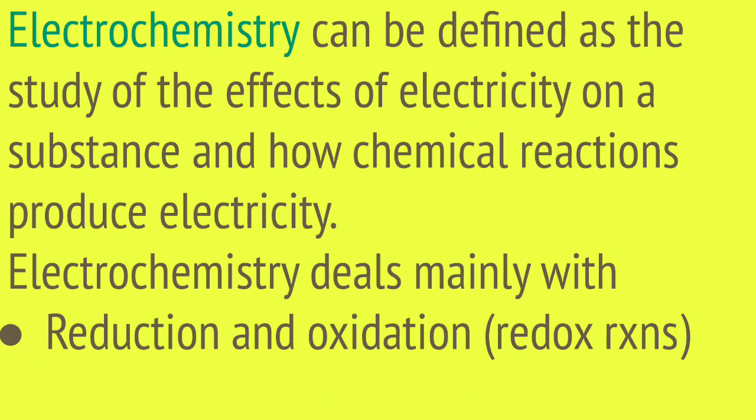Therefore, in attempting to discuss all that, we shall deal mainly with reduction and oxidation. Now, reduction and oxidation means redox reactions. Reactions whereby reduction and oxidation happen at the same time or simultaneously.